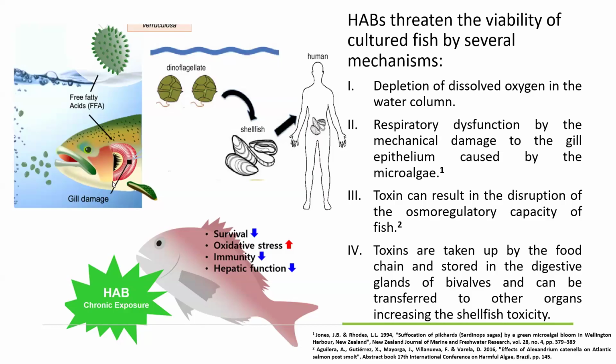Now, these are some of mechanisms by which blooms affect culture organisms. There is a distinction between blooms causing fish kill and those leading to shellfish toxicity, both of which have unique ecological consequences. Now we'll look at some of the most iconic bloom events and their impact on the aquaculture industry.